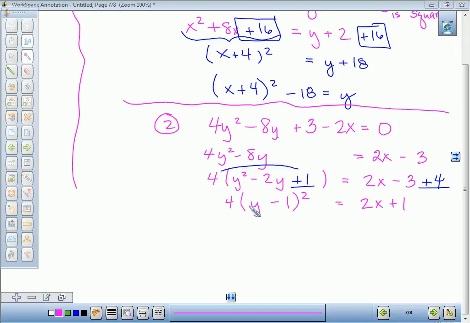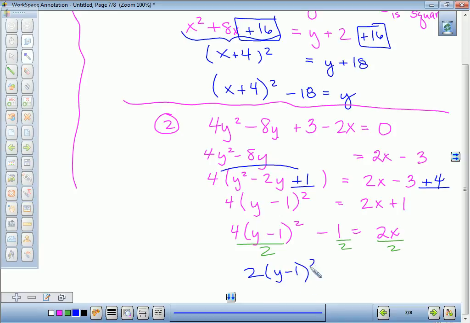So once we get it as a binomial square, then we gotta get this variable by itself. So we're gonna subtract the 1 from the end. And then we have to divide everything by 2. So this becomes 2 times y minus 1 squared minus a half equals x.